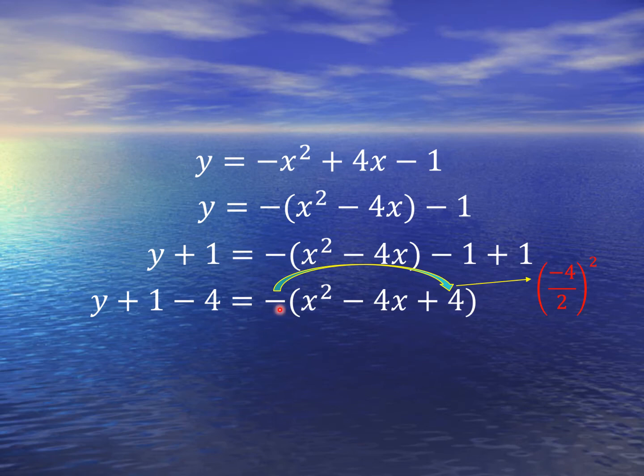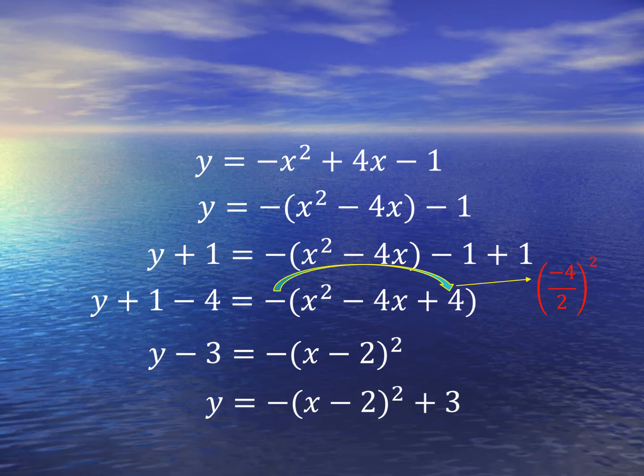Because negative times 4 is negative 4. So from here, simplifying further, 1 minus 4 is negative 3. And then rewriting this one, it is equal to x minus 2 squared. Then we are going to transpose minus 3 to the other side. So the final answer would be y equals negative times x minus 2 squared plus 3.